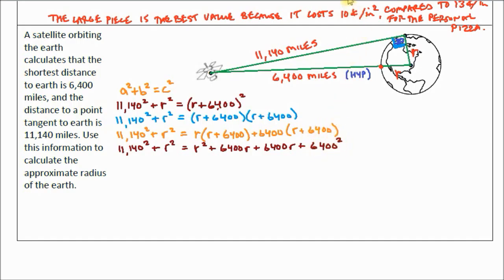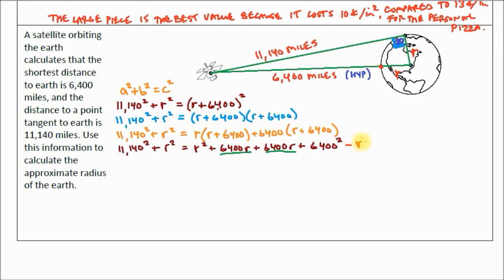Okay, now something you should notice here, class, is we've got like terms over here, 6,400r and 6,400r. Those I can combine. And let's take a look at this. We've got r squared on the left side and r squared on the right side. If I subtract r squared from both sides, let's do this.